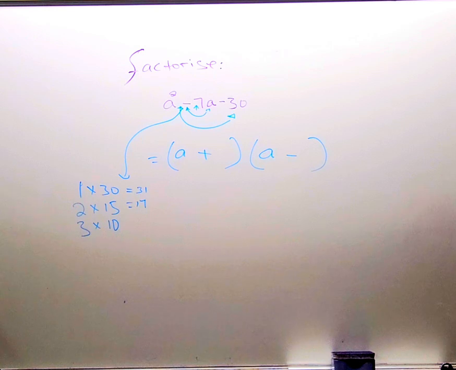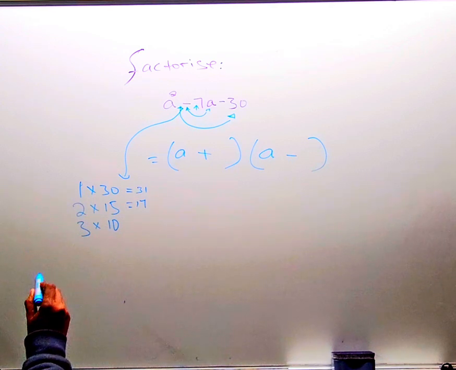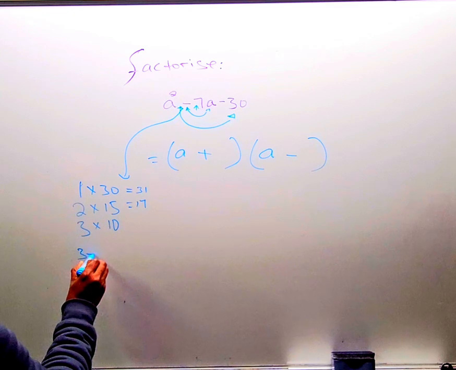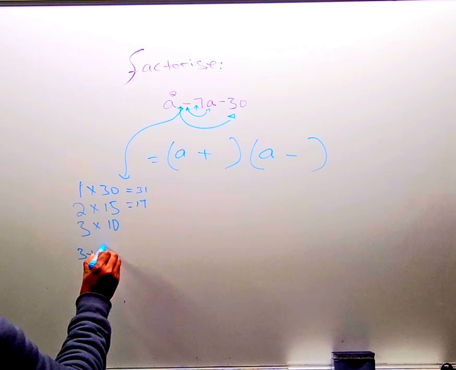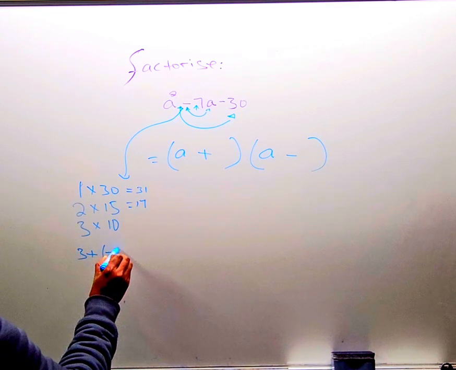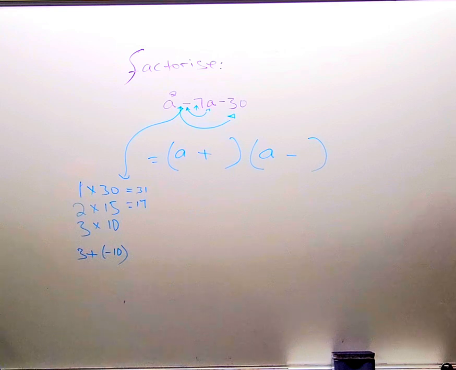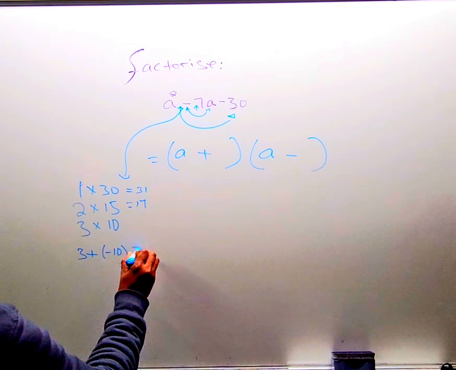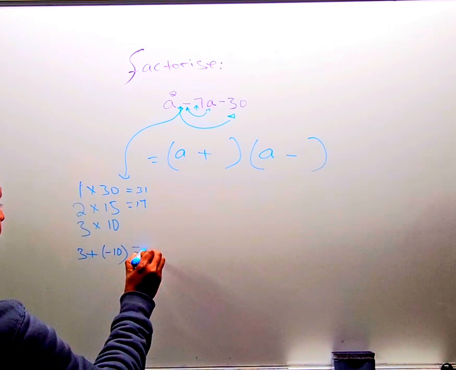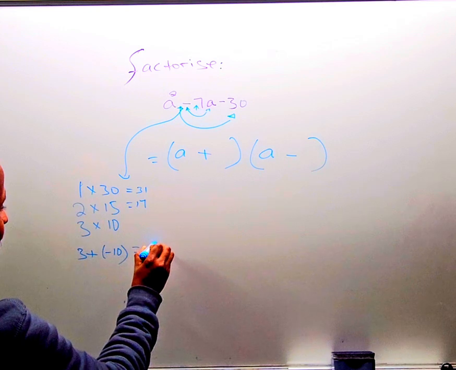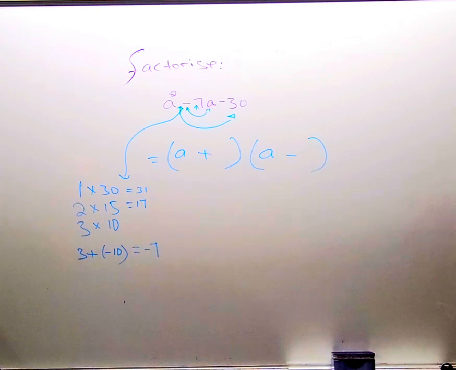If we add these 2 factors, can they give me negative 7? Yes. How? If I add 3 to negative 10, it will give me negative 7.